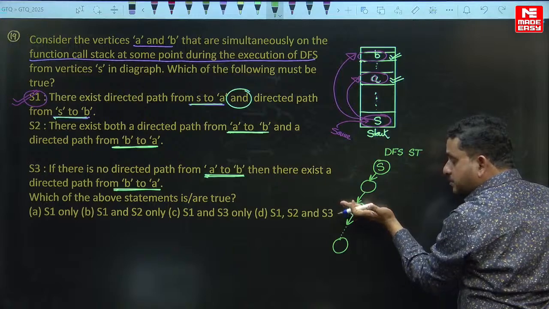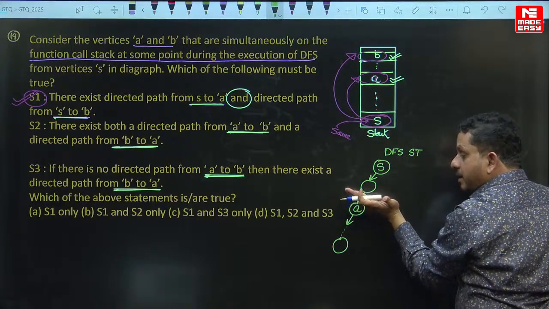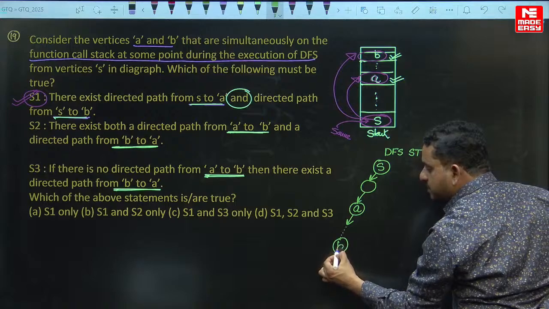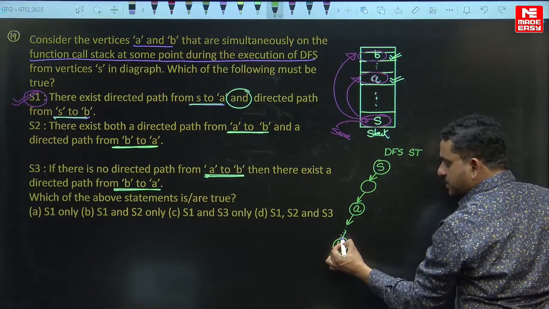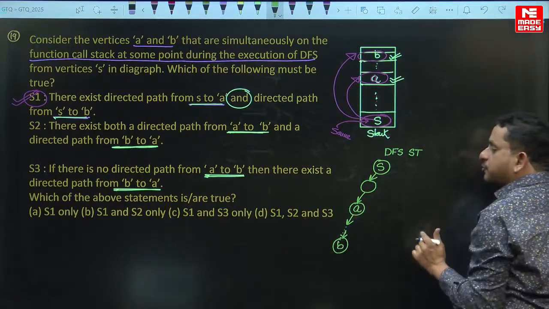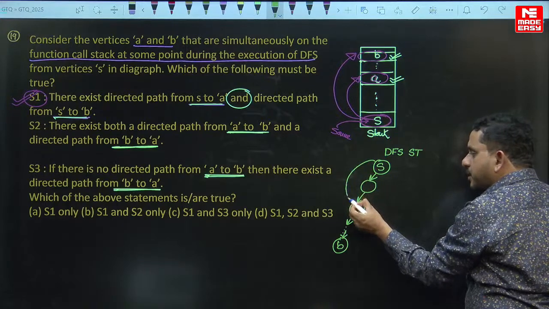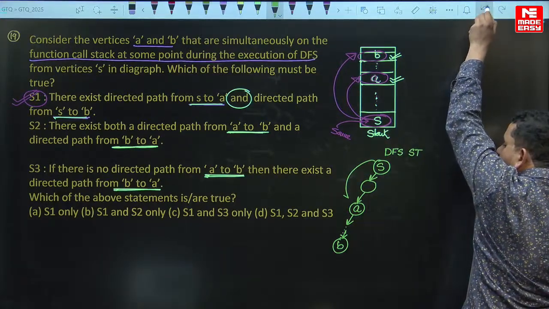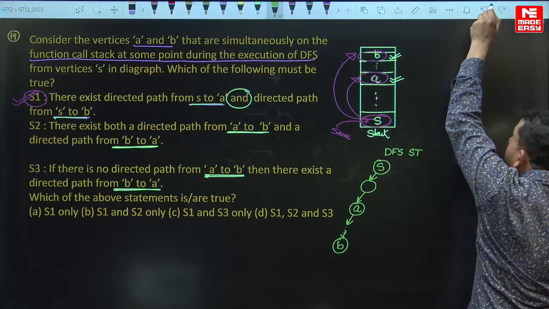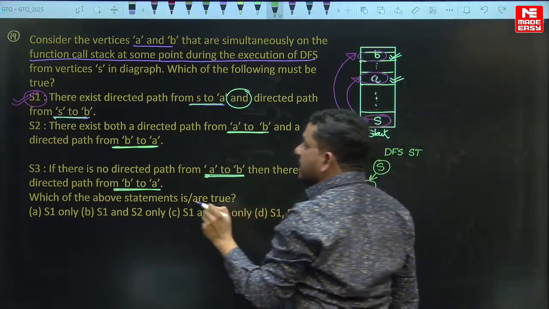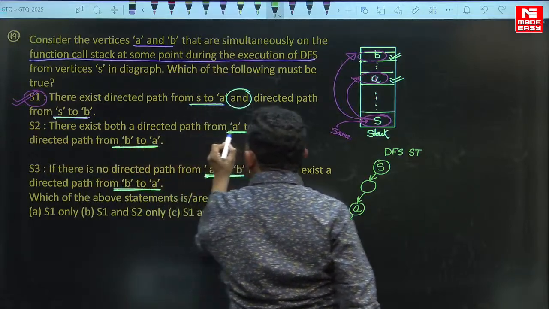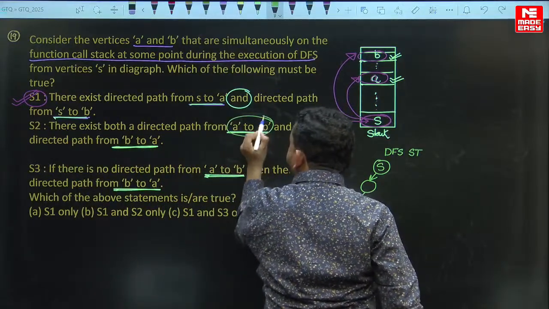That means A's exploration has not ended, and before it finishes, B's exploration begins. So there should be a path from S to A, and also a path from S to B. Okay, both are correct.